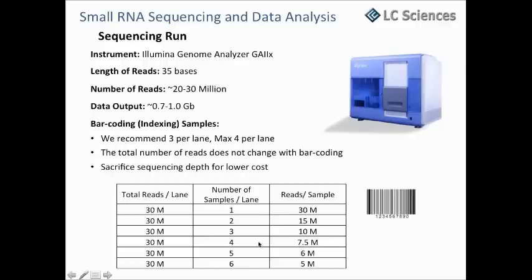And because you end up with only 10 million or 7.5 million reads if you pick 3 to 4 samples per lane, this is really the maximum that we would recommend to run for any profiling. For just discovery purposes, we would probably run just a single sample per lane.